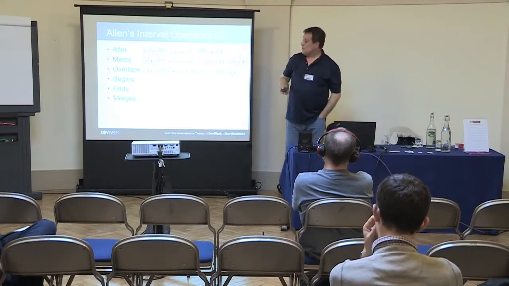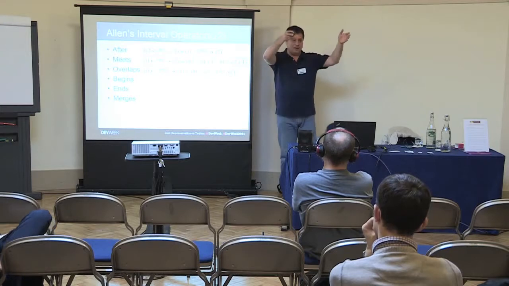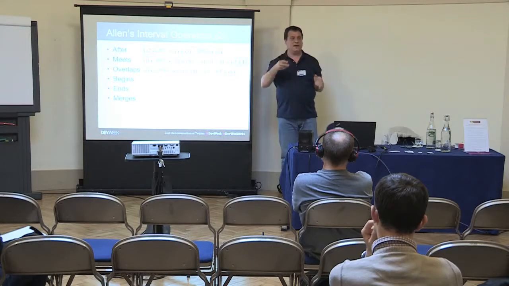And this is interesting, two intervals overlap if begin of one interval is before end of the other one, but also begin of the other one must be before end of the first one.